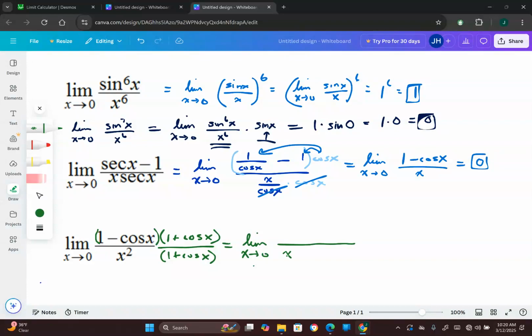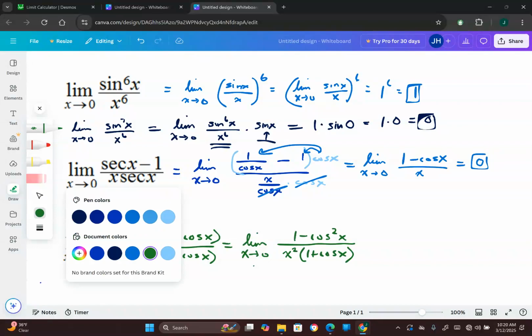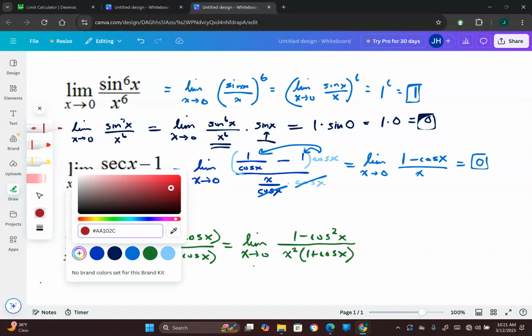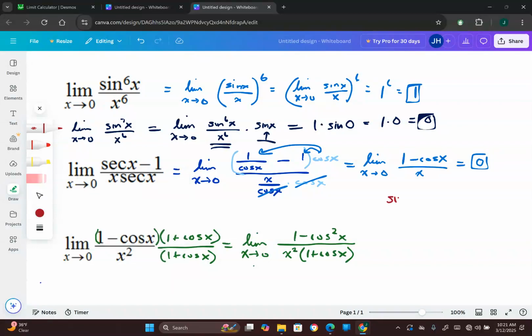I'm going to leave this as x squared times 1 plus cosine of x, but the top comes out to be 1 minus cosine squared x. Do you recognize that from anywhere? Because I tell you what, we have a formula that says sine squared of x plus cosine squared x equals 1. We have a Pythagorean identity.